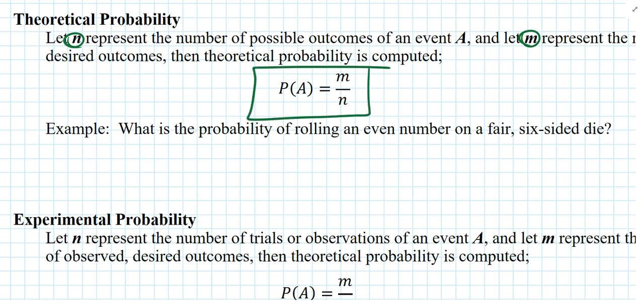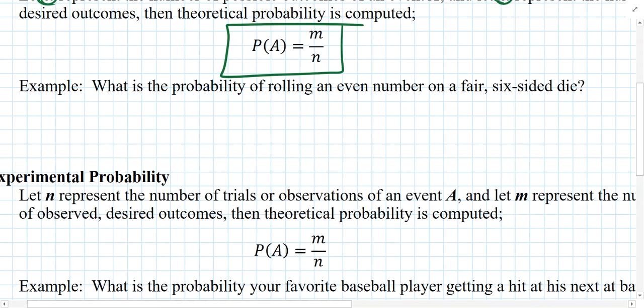For example, suppose we would like to know what is the probability of rolling an even number on a fair six-sided die. This is an example of theoretical probability since we can count how many times an even number can occur, and we can count how many possible ways the event can occur. There are 6 equally likely outcomes on a fair die, and 3 even numbers, our desired result.